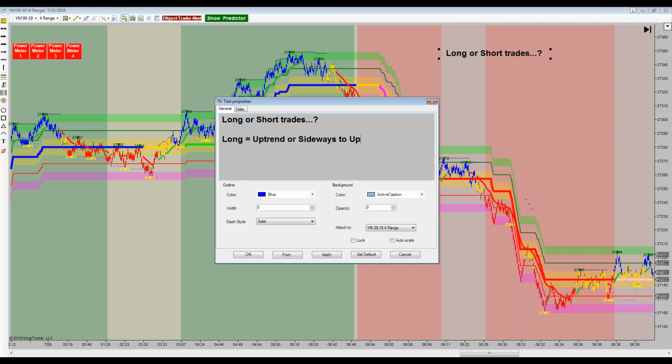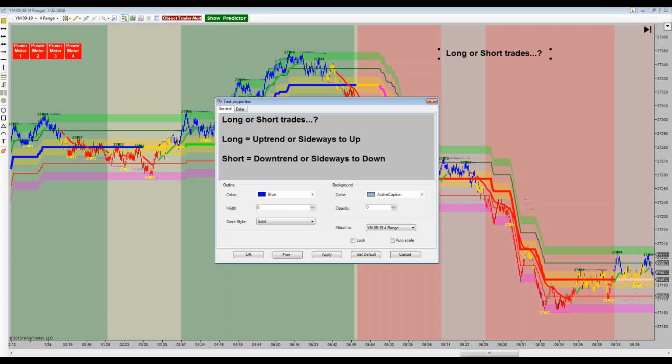And we'll talk about that. We'll look at examples of this in just a second. And taking short trades would equal a downtrend, right? Geez, my typing's terrible tonight. Sorry about that. Or sideways to down.